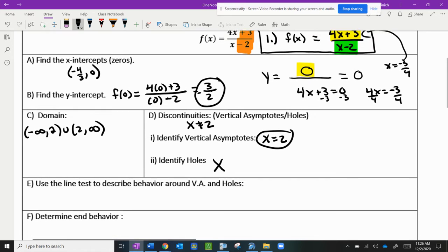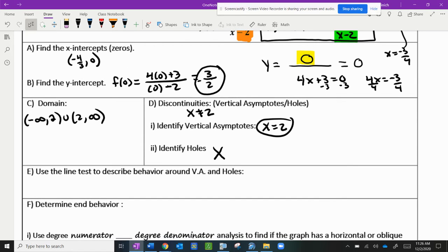Okay, next thing I'm going to do is describe the behavior of my graph around my vertical asymptote. So I'm going to put 2 on the x-axis, and I'm going to pick a point really close to the right side of the vertical asymptote and one to the left side.